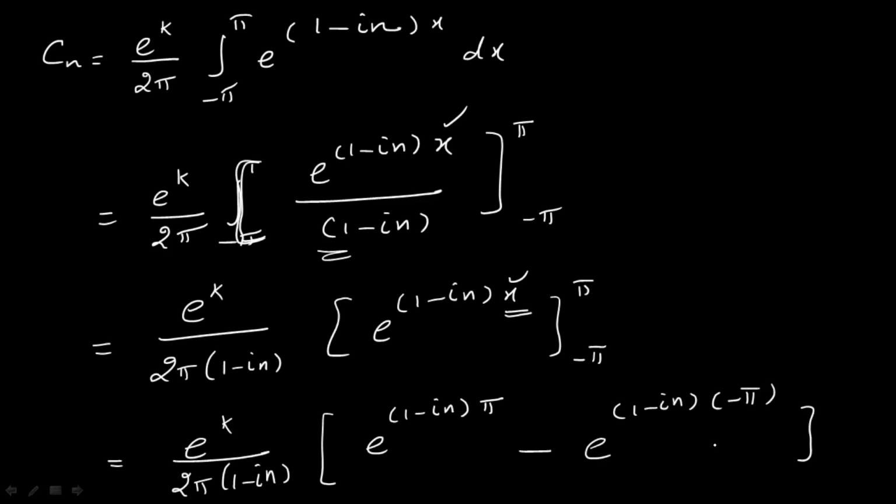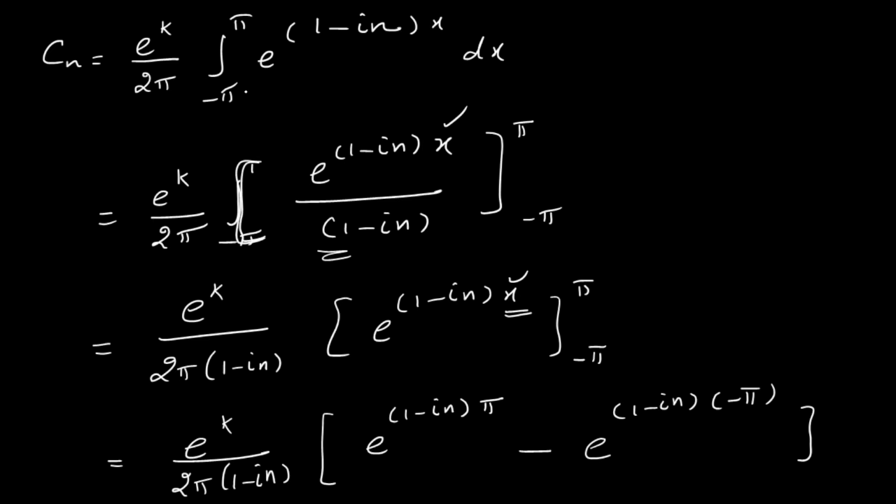Okay, so in your next term, that is Cn is equal to e power k upon 2 pi of 1 minus in.